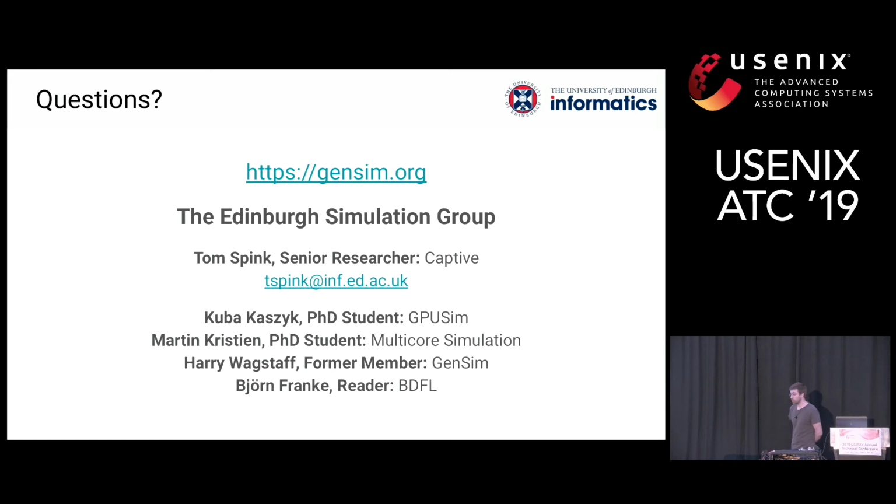Okay, very good question, because the initial effort is extremely high. I've been working on Captive for maybe 5 or 6 years, and that's not just the infrastructure, that's implementing the model as well. So we have an x86 model, but that doesn't have any system support. It just has user support for one of our other simulators. We have an ARMv7 model, which is complete. We have the ARMv8 model, which is complete. And we have a RISC-V model, which is almost system complete, but RISC-V is in a bit of flux at the moment.